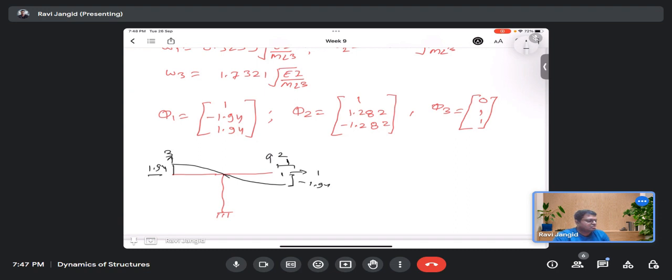This is the mode shape for the first mode, and it will come like that.